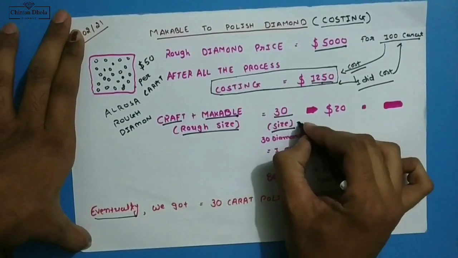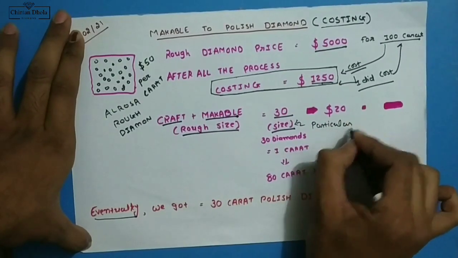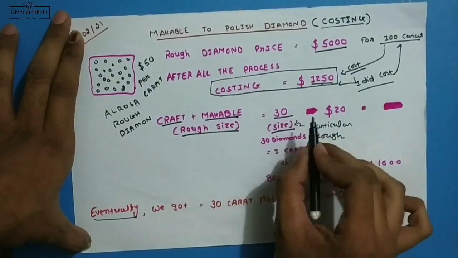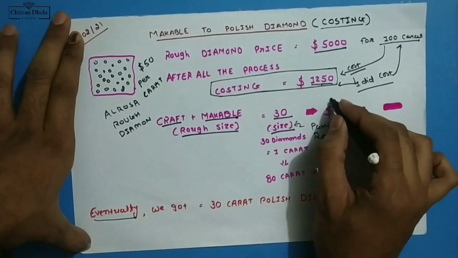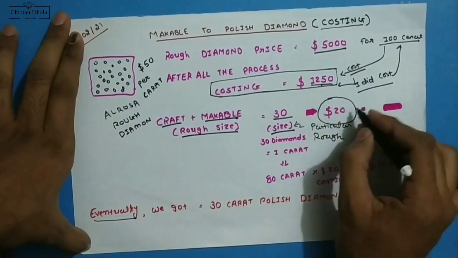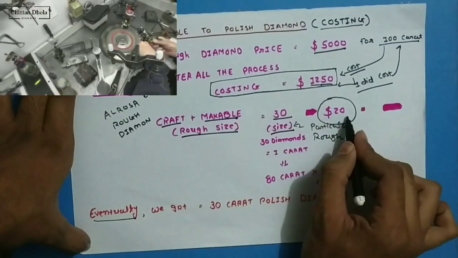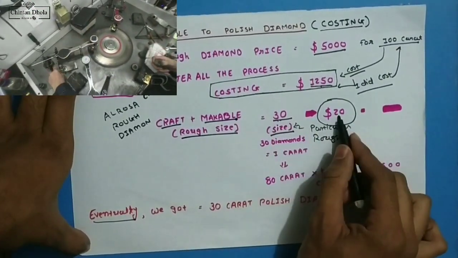After that I get craft plus makeable, and the size of that rough diamond is 30 size. These 30 size rough diamonds are totally for manufacturing, and the manufacturing unit is taking $20 for a 30 size diamond from us.